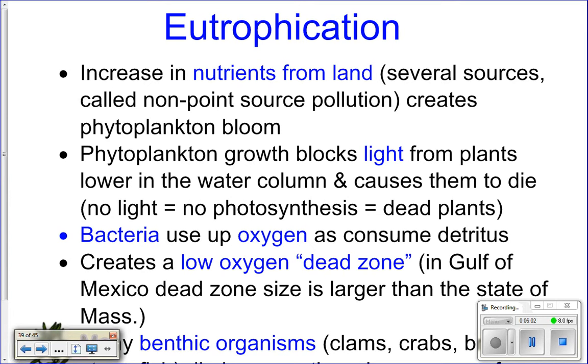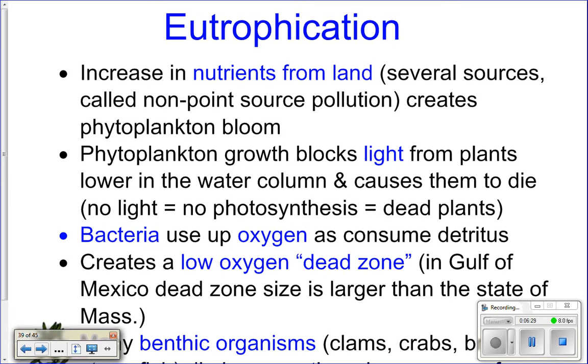So remember, rivers are running into the ocean, and rivers drain areas of land. And when they drain areas of land, they're going to be carrying all sorts of things in the rivers down into the ocean. And the estuaries stand in between the ocean and the rivers. So as these rivers run into the ocean, they're carrying nutrients.